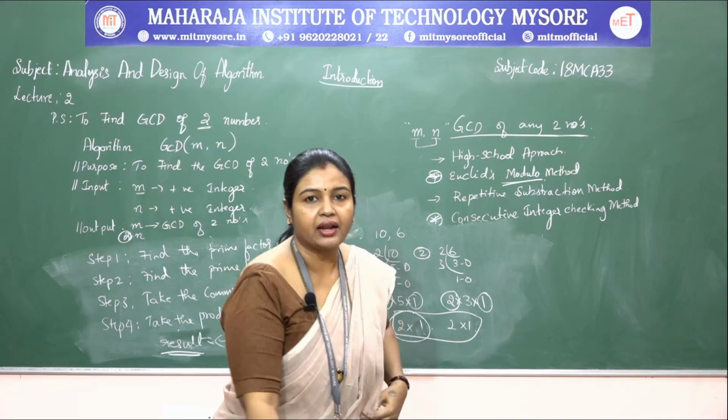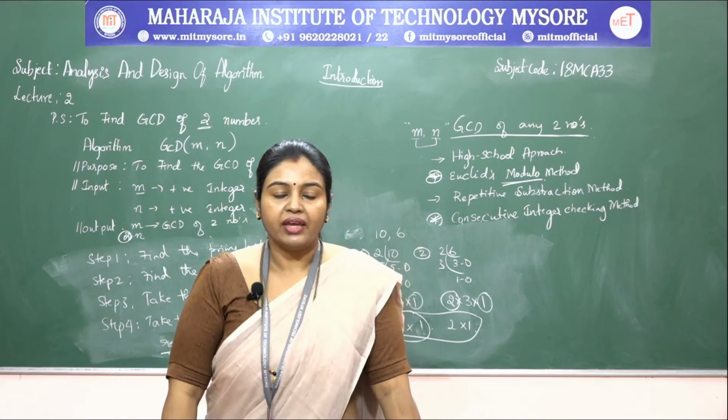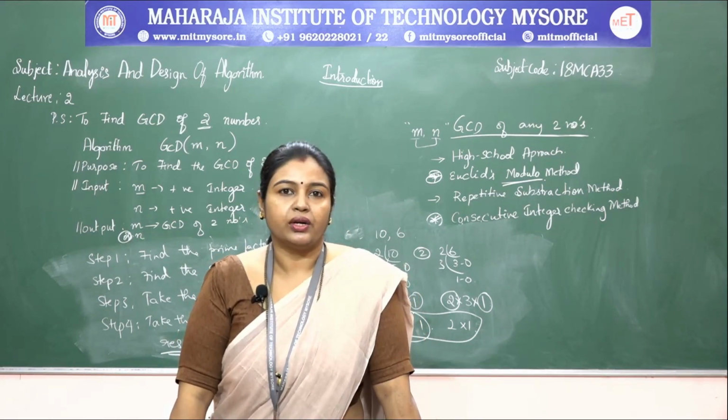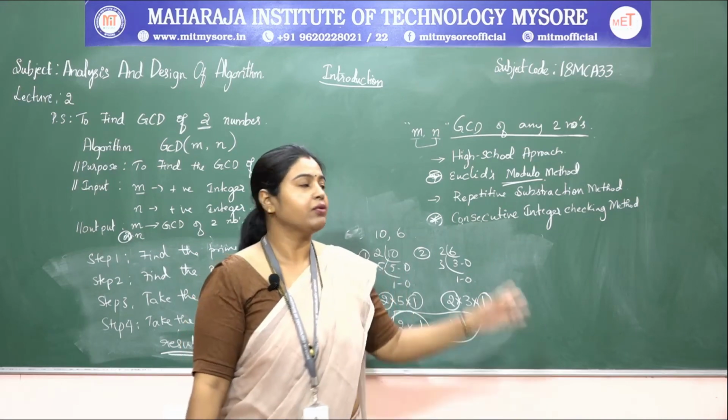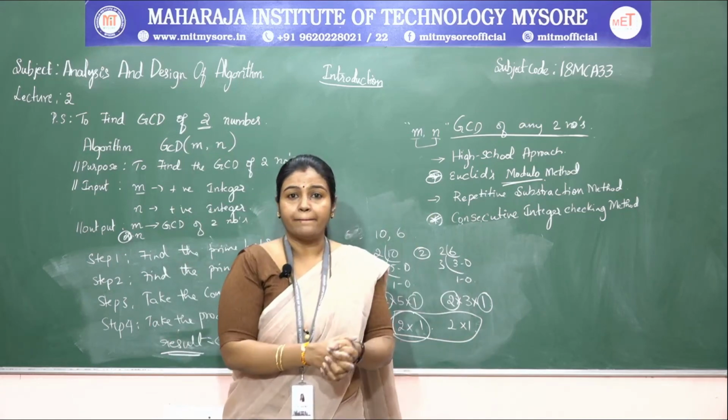This is how we can analyze the algorithm based on the inputs we have and the number of times the basic operation is executed. So based on that we have concluded which method is better.